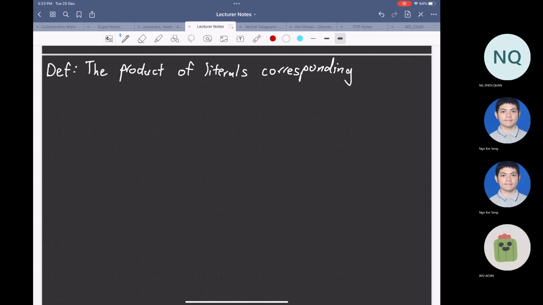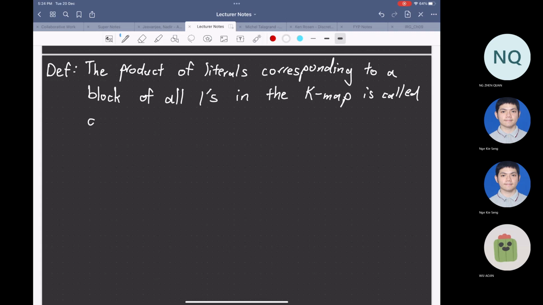Actually those we call literals. So the simplified min term we get from the block is what we call the implicant of the function being minimized.